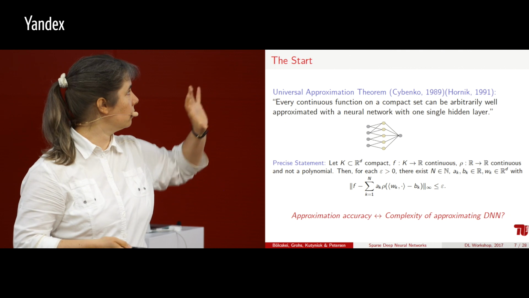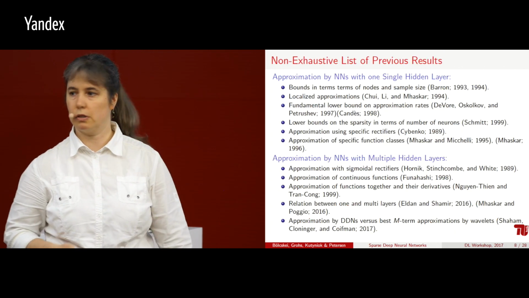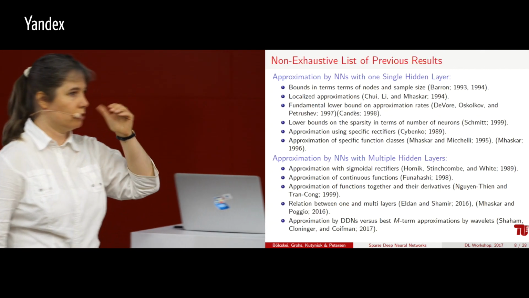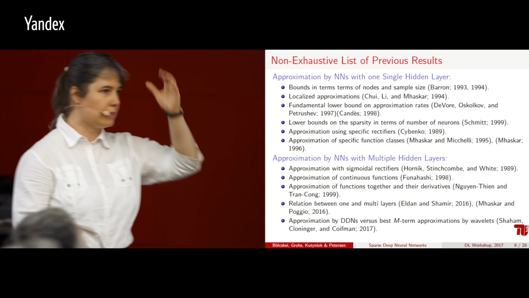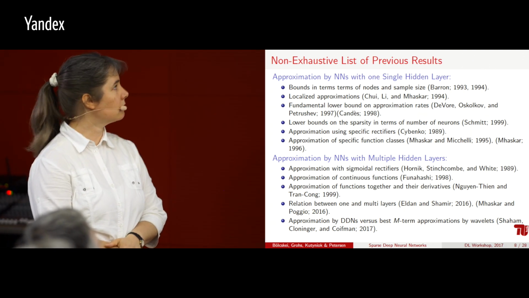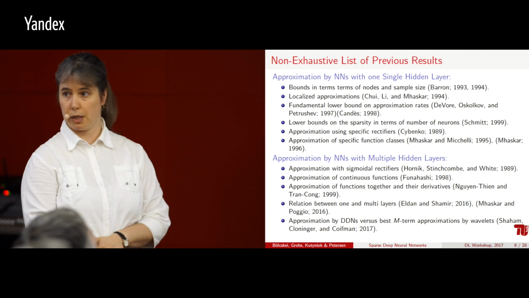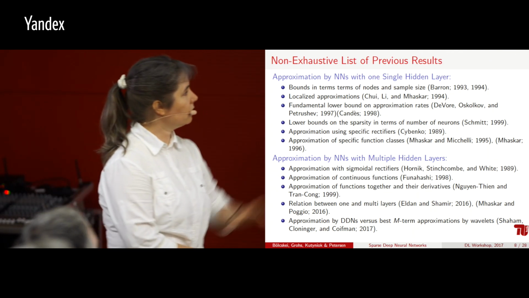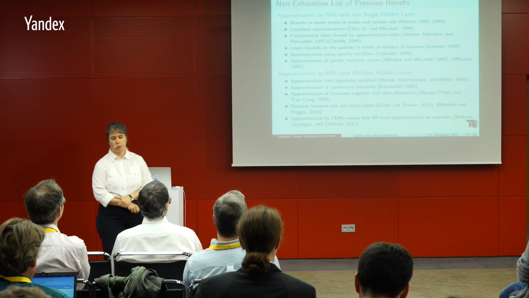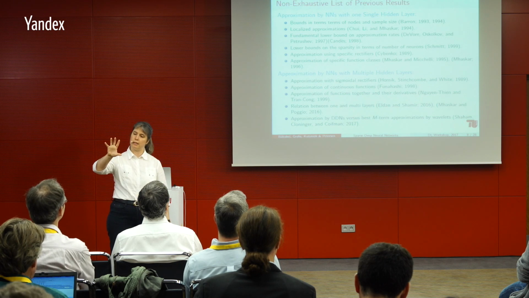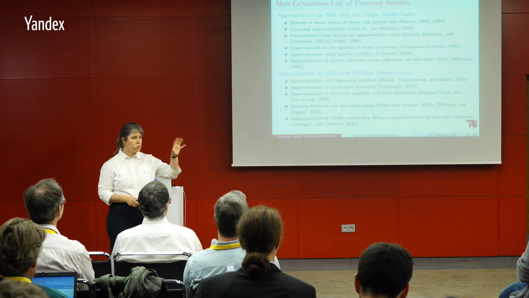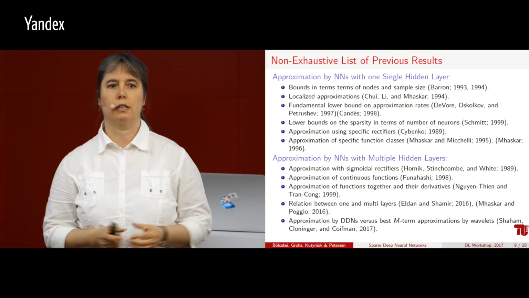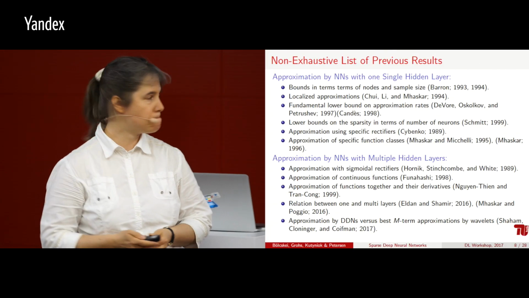Now, this is certainly not the only result in approximation theory. There are many results, and we also heard a beautiful talk yesterday about another result also looking at approximations. Still, if you look through this literature, the question I'm asking, relating approximation accuracy with sparse connectivity, there isn't much being done yet.